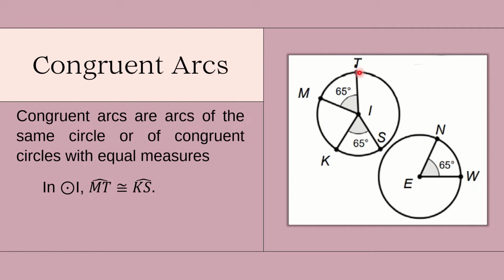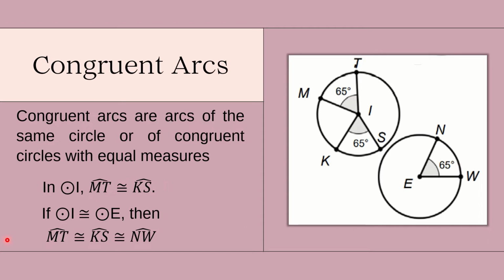Likewise, we have angle TIM and its intercepted arc is arc MT. And since angle TIM measures 65 degrees, its intercepted arc also measures 65 degrees. And since arcs KS and TM both have measures 65 degrees, so they are congruent.